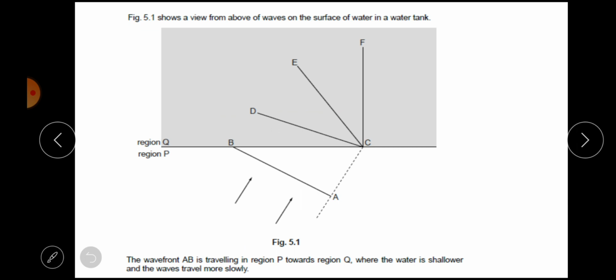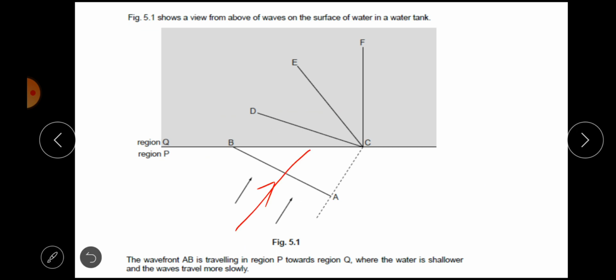So here is another question. Figure 5.1 shows a view from above of the surface of the water in a water tank. The wavefront A, B is traveling in region P. So this is region P, and it's traveling towards region Q, so this is the direction.